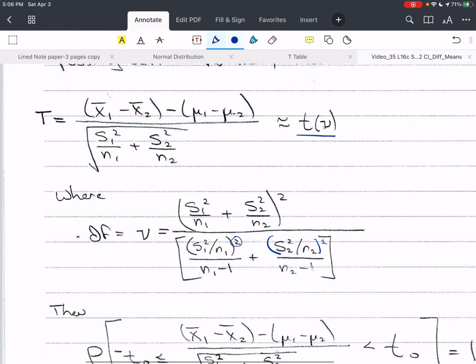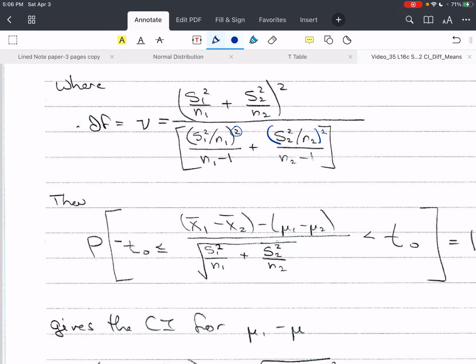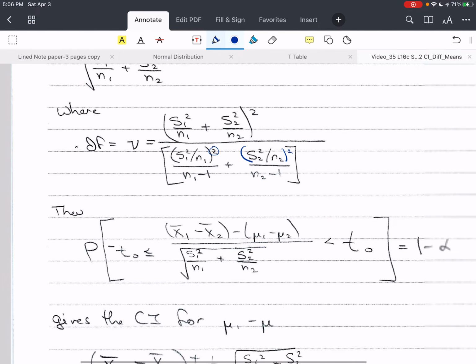Since we know that it's a t distribution, we can use the same type of derivation to find the confidence interval. Negative t naught is less than or equal to our expression and is less than or equal to t naught, and we can put the equal sign in there.